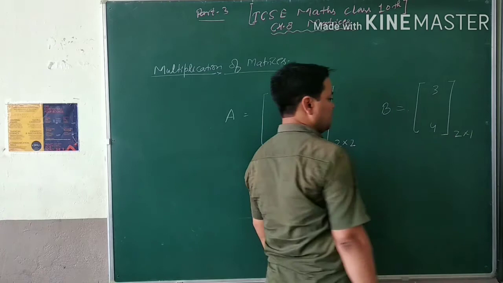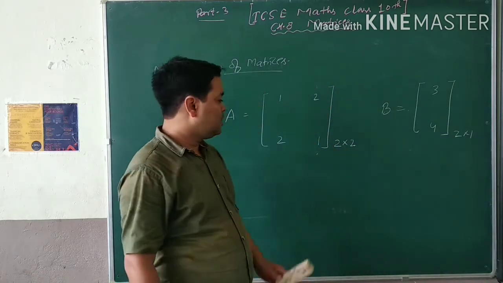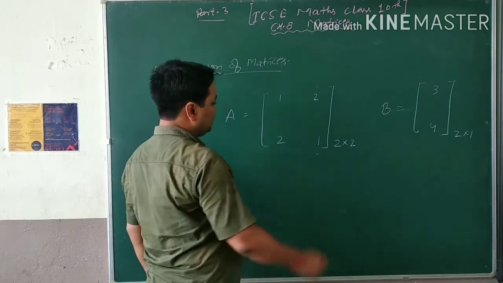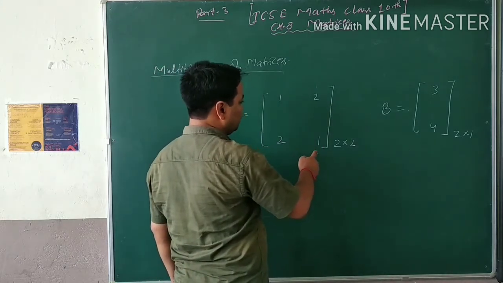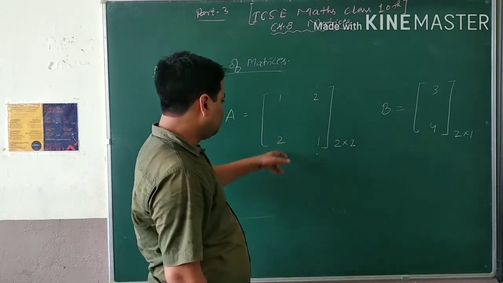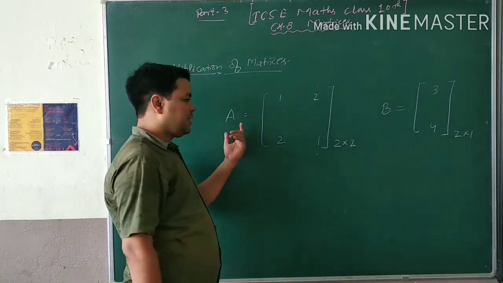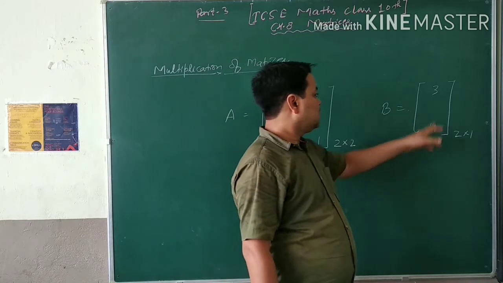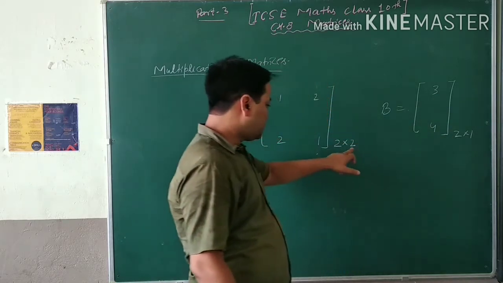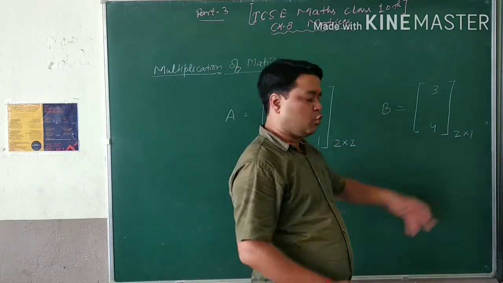What is the similarity here? There are 2 columns in matrix A, and there are 2 rows in matrix B.